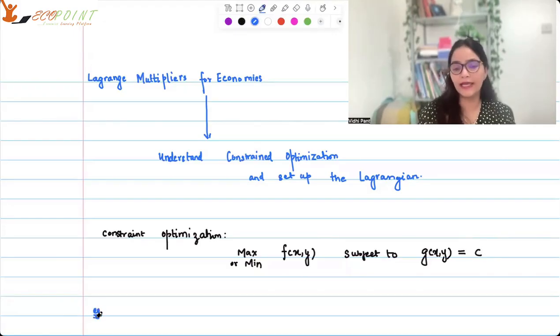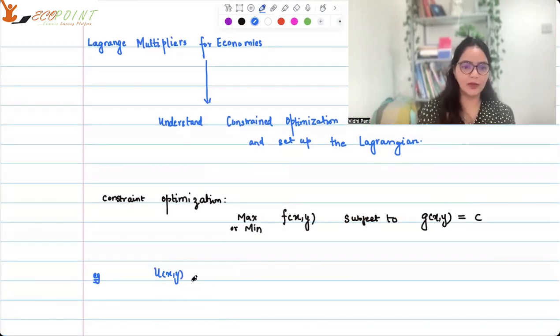The easiest way to understand it is utility. Suppose we have a utility function u(x,y). Suppose x and y are two goods which will give you happiness. So you want to maximize your happiness, right? But you have a constraint: a certain amount of money that you can spend for this happiness.